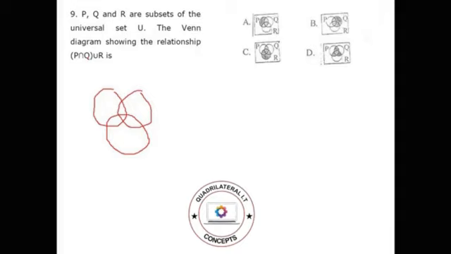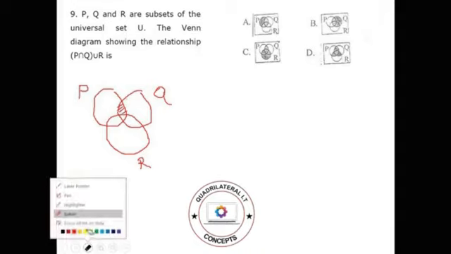Now the first thing they said, okay, P intersection Q. Now, which of the images is P, or how do you draw P intersection Q? If you want to draw P intersection Q, that is here. Okay, sorry, we have P, Q, R. Then this is the intersection of P and Q. Then we now union it with what?